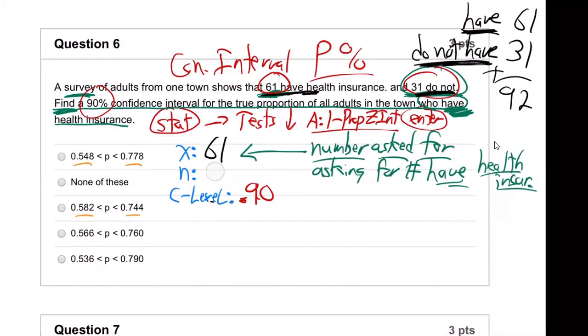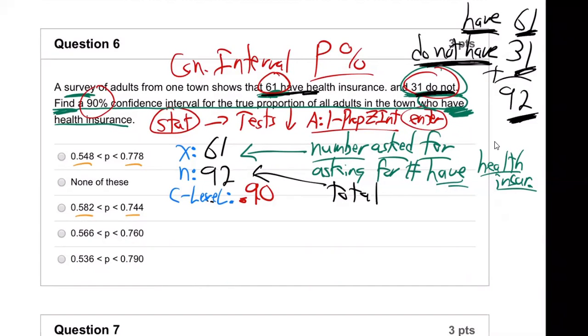So there's 92 total, right? Because this is always total. There must have been 92 total people in the survey. 61 said they have health insurance, 31 said they don't. So now we have it right. I hope that makes more sense and that my bobbling around actually proves to be helpful for you.